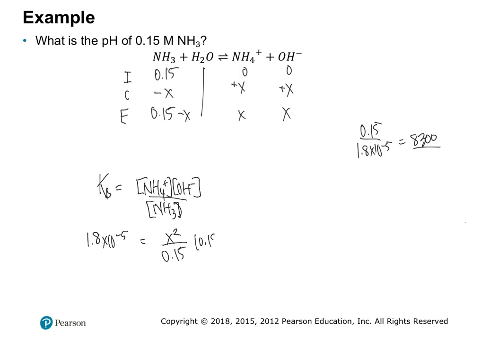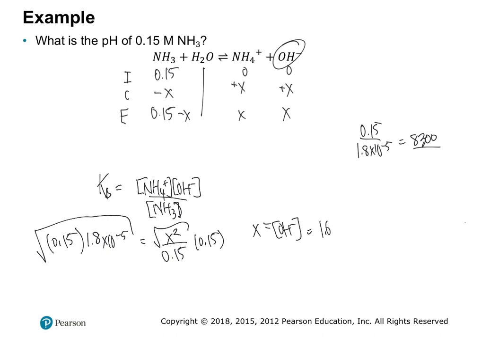So multiply both sides by 0.15, and then square root to get x by itself, and you end up getting x, which now x here is hydroxide concentration, is 1.64 times 10 to the negative third.